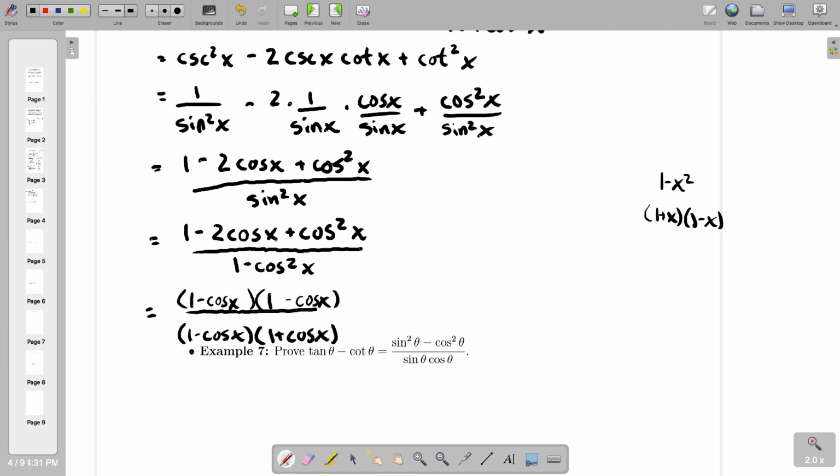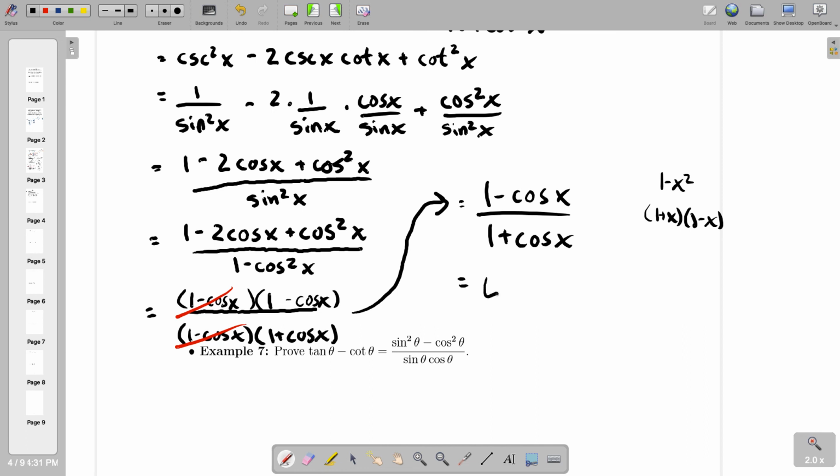So that's exactly how it factors, and then we can cross those out. So then this becomes 1 minus the cosine of x over 1 plus the cosine of x, which is in fact our left-hand side.